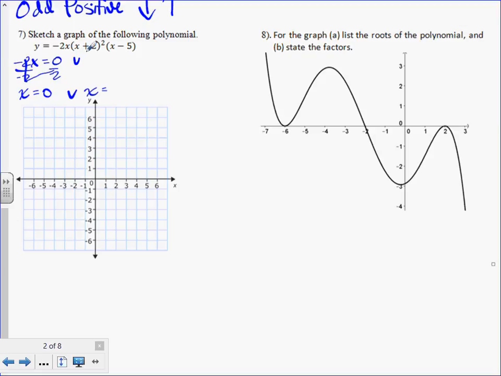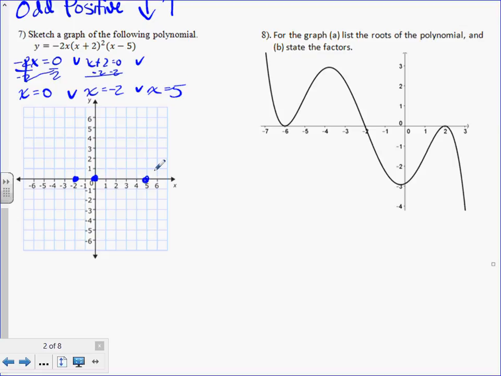What would the answer be for this one here? Yep, -2. Yep, just change the sign. Just flip that sign. Okay. Let's graph them. 0, where else? -2. Okay. All right, good start, Yasmin.